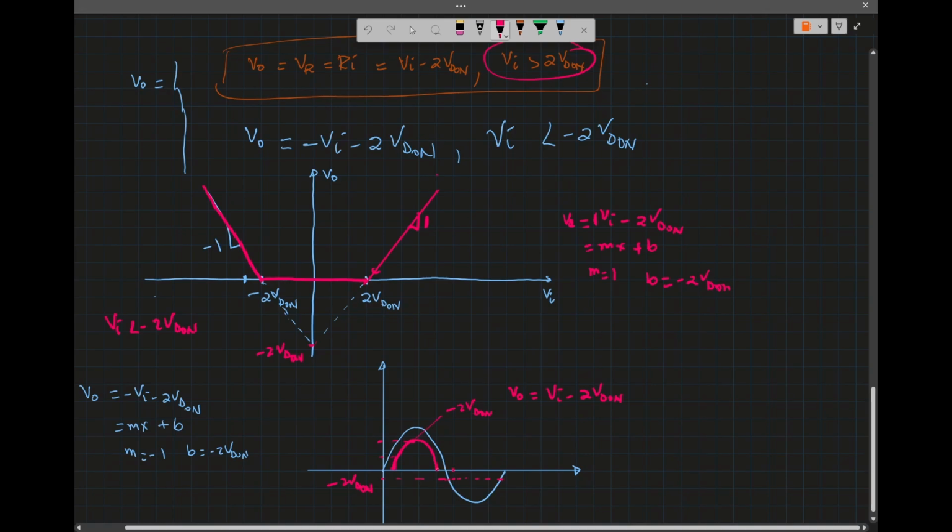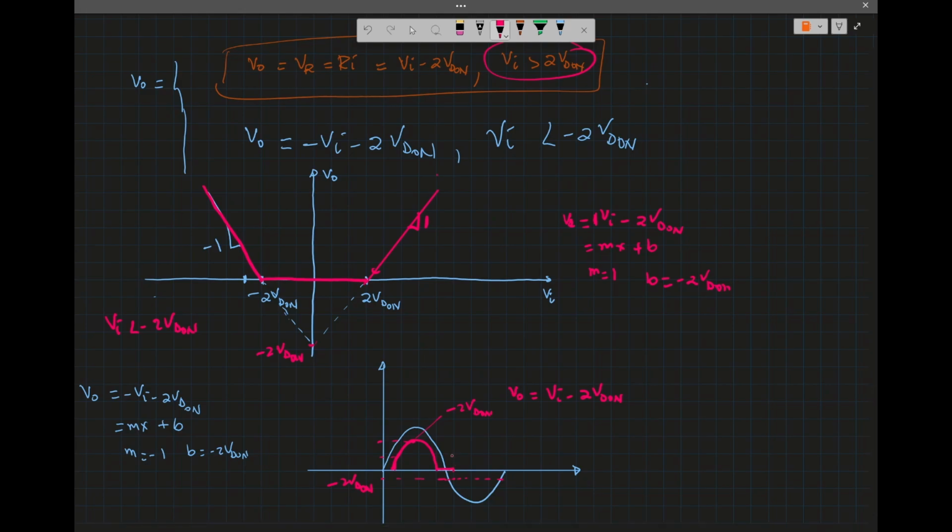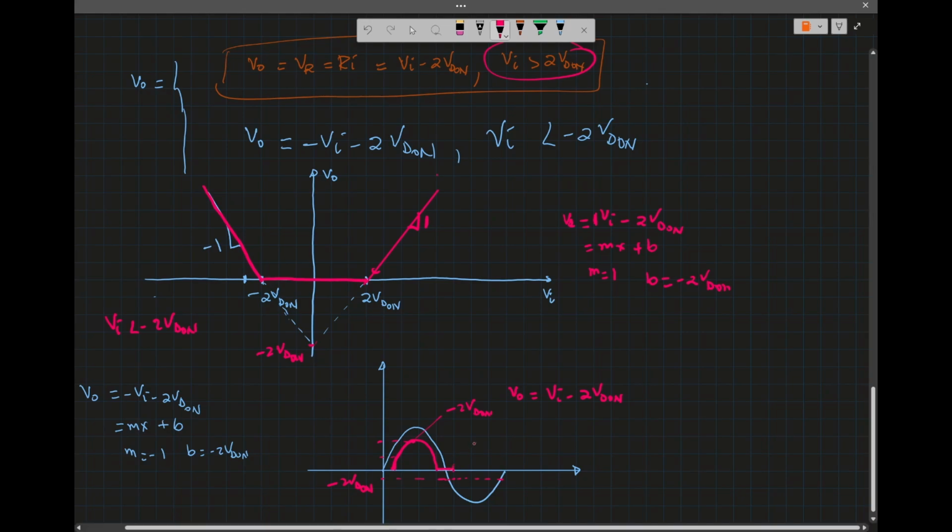So for that case, it is 0 before that, and after that we are going to negate the voltage, right? So it's going to look something like this. So that's our V0. And the blue is Vi.